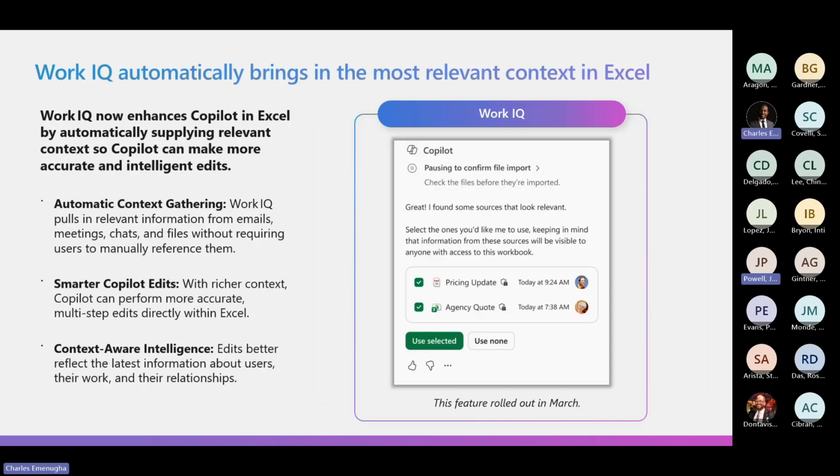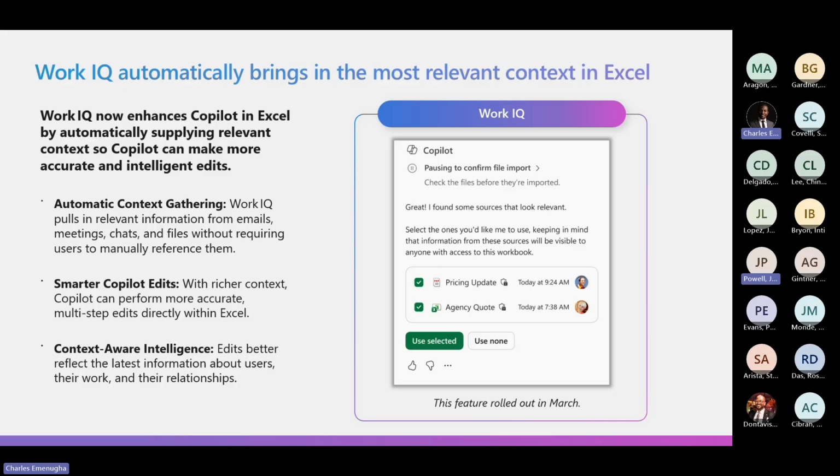Now, Work IQ automatically brings in the most relevant context in Excel. So this update is intended to improve how Copilot works inside Excel by automatically grounding it in the most relevant work context.